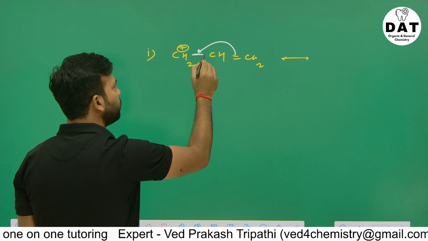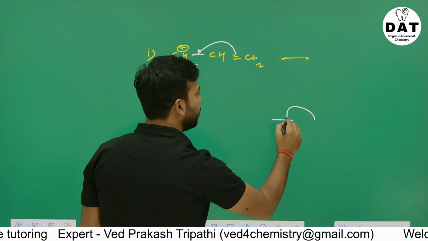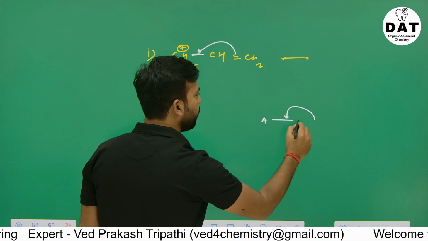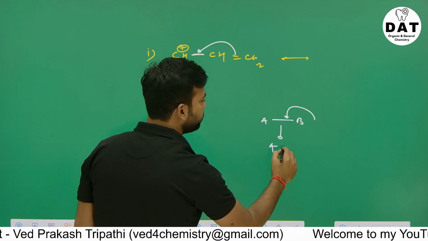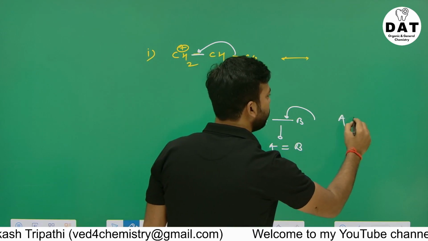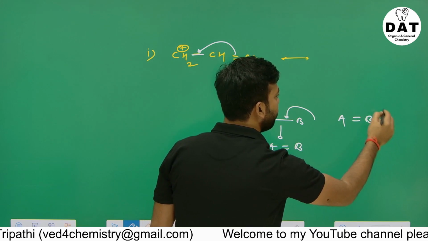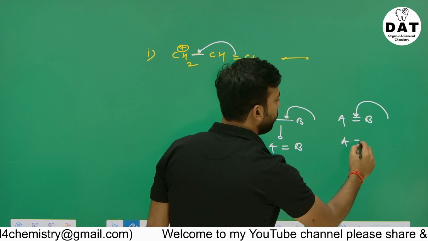This bond. So the simple thing is that whenever a bond has an arrow, suppose here we have A and here we have B, it will become A double bond B. Clear? If this is already a double bond and the arrow is on the bond, this will become a triple bond. Clear?